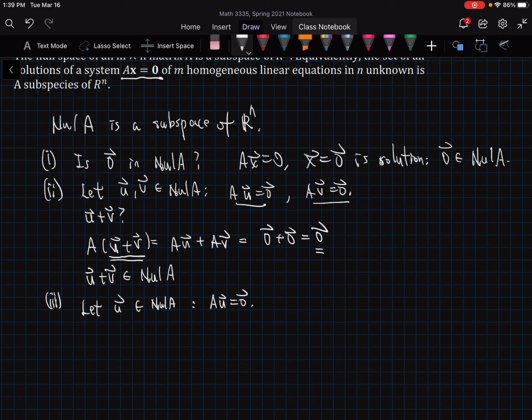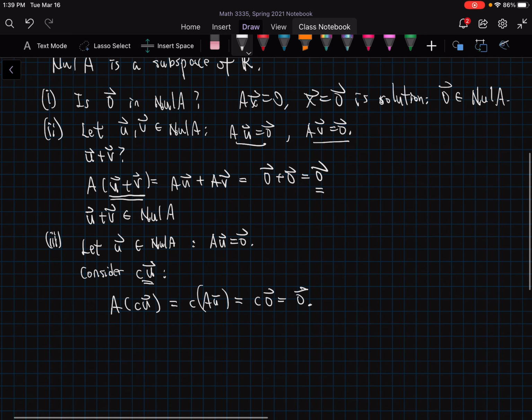So consider C times U, and A applied to C times U. By matrix operation, this is equal to C times AU. Since AU = 0, this is C times 0, therefore this is a 0 vector. So CU also belongs to the null space of A.